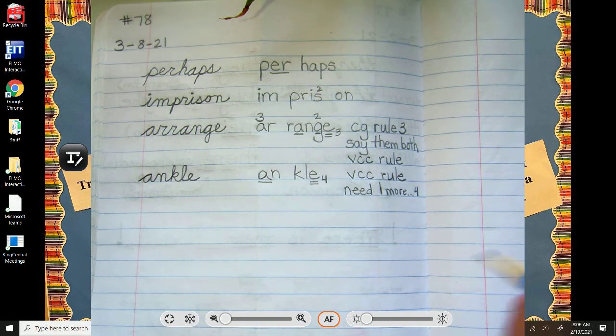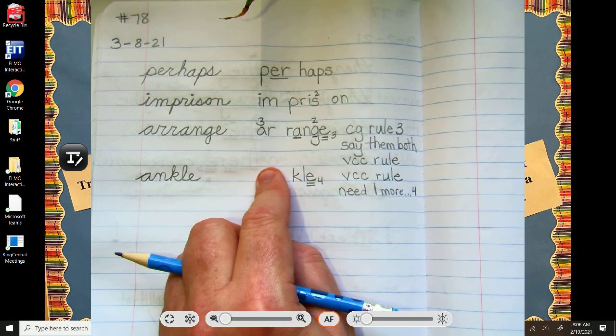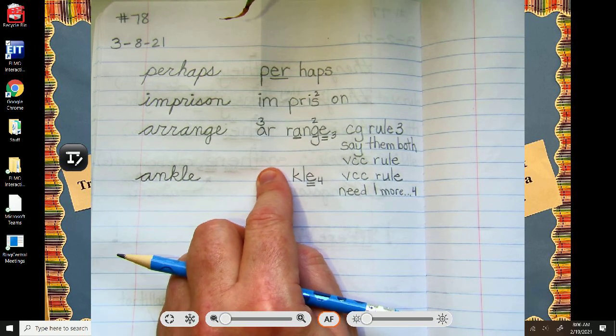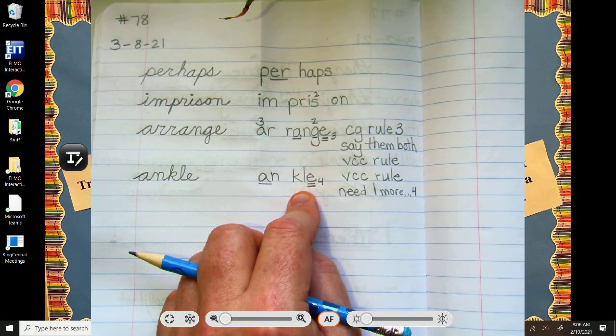Remember, every English syllable must have a vowel. So that silent e will swoop in and save the day and say, I will be the vowel in that syllable. There are no other vowels in it. Oh, that superhero e. Whew. Wonderful.